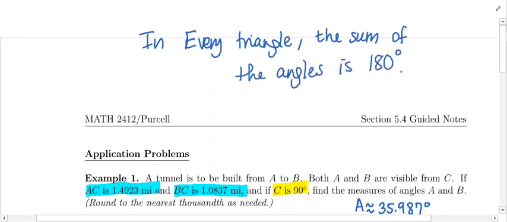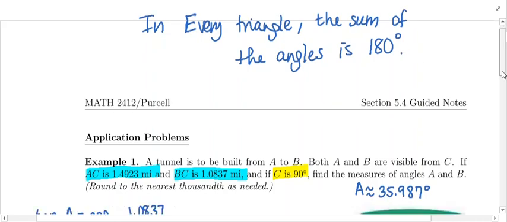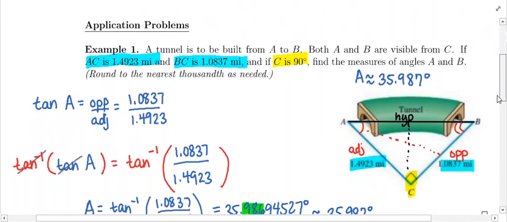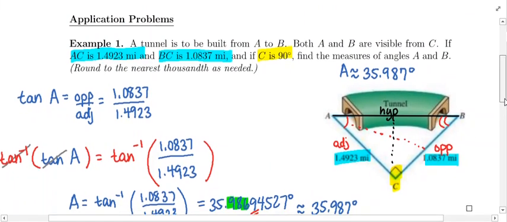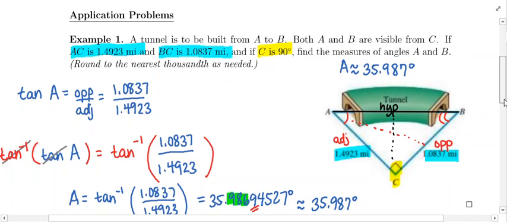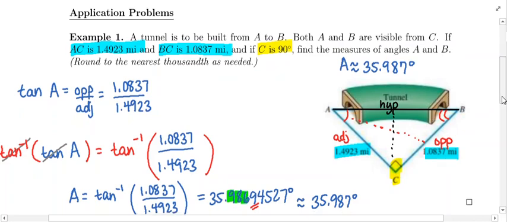Every single triangle, right or not, the angles add up to 180 degrees. So we know angle A and we know angle C, so we can just subtract from 180 to get the measure of angle B.